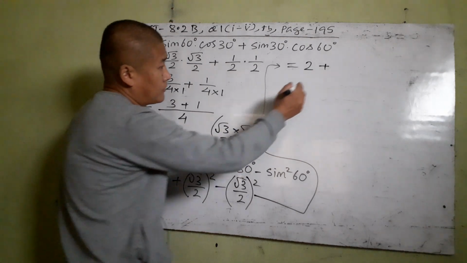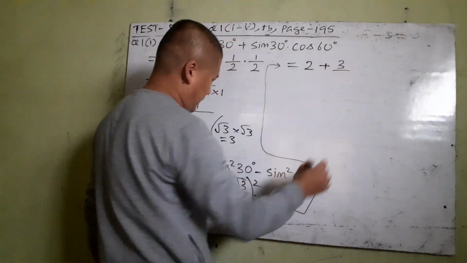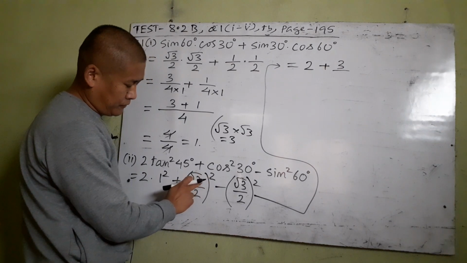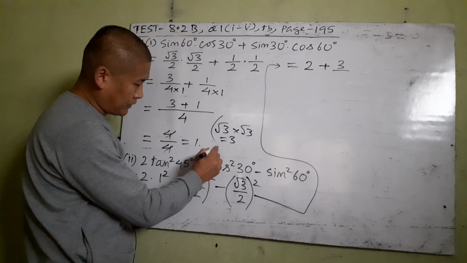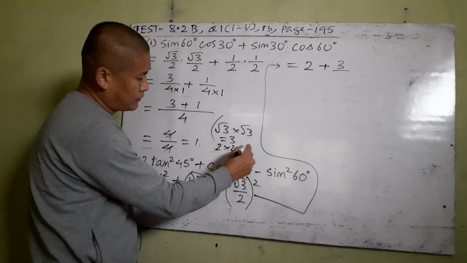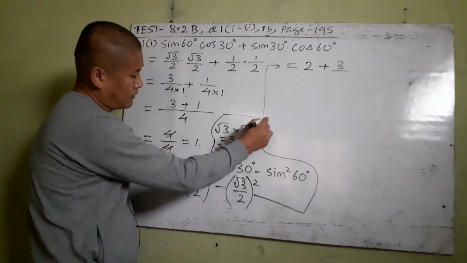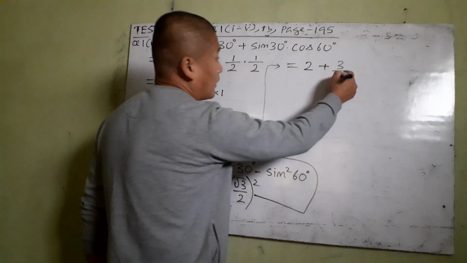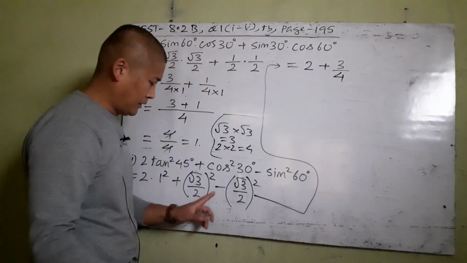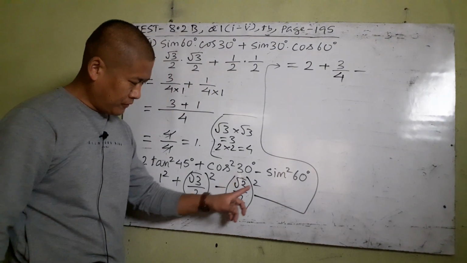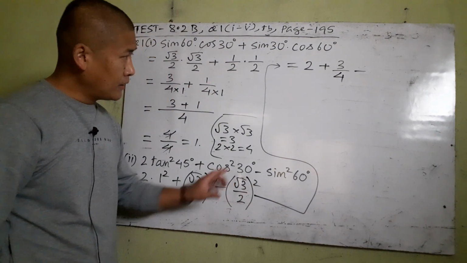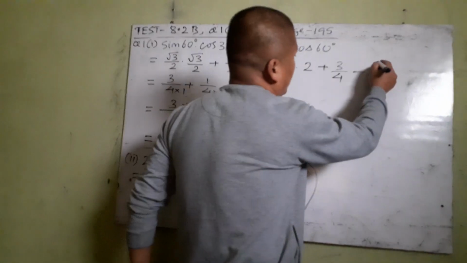So root 3 square is 3, divided by, this power 2 belongs to numerator as much as to the denominator. So 2 square will be 2 into 2, which is 4. Okay, so this is 3 by 4. The next is a minus sign. We see that here also is root 3 by 2 whole square, which is the same as this. So we can just write that result, same one here, 3 by 4.